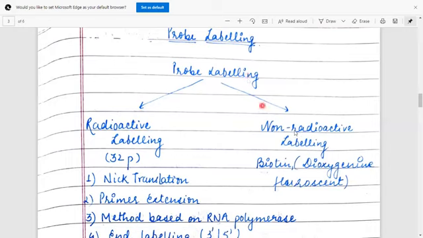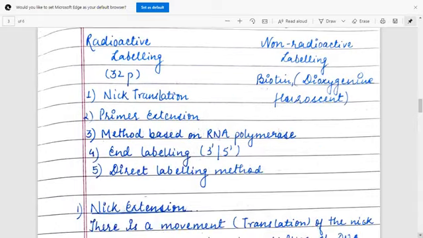In radioactive labeling we can use 32 phosphorus, while in non-radioactive labeling various things like biotin, digoxigenin, fluorescent molecules can be used. So what are the ways? First, the Nick translation that I was just discussing with you. The Nick translation, then the primer extension method, the RNA polymerase based in vitro labeling, and the direct labeling method.